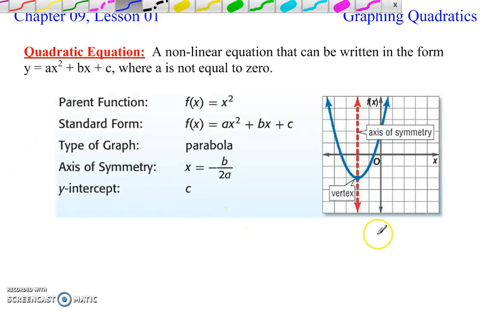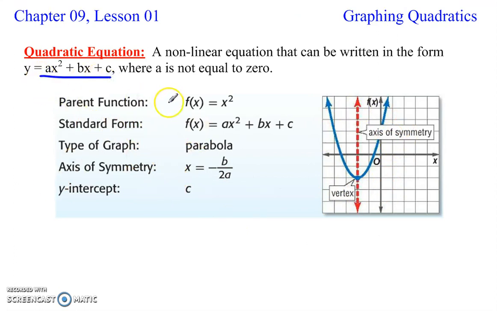Alright, now, within that parabola, there's a few things that I should know. Okay, with a quadratic equation, the parent function is f of x, which, remember, that's the same thing as y, just that's the name of the function, f of x, or y equals x squared. In standard form, we have y, or f of x, equals ax squared plus bx plus c.